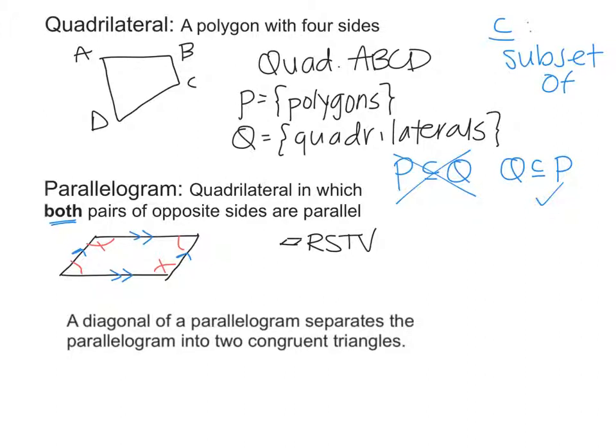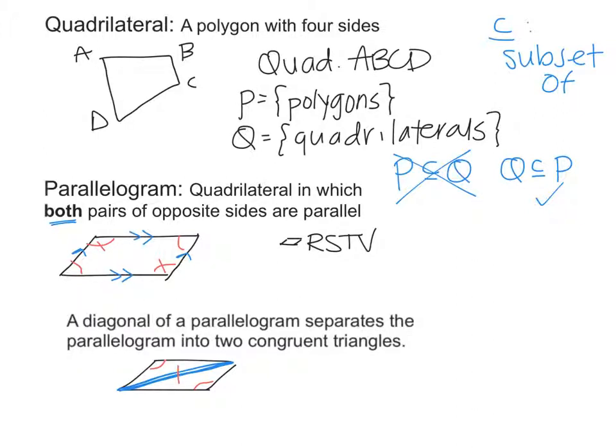All right, the diagonal of a parallelogram separates the parallelogram into 2 congruent triangles. Now, why do we think that's true? So here's my parallelogram, and I have a diagonal right here. Why do we think that this has to be 2 congruent triangles? Well, we know that this angle is congruent to this angle, and we know that this is congruent to itself.